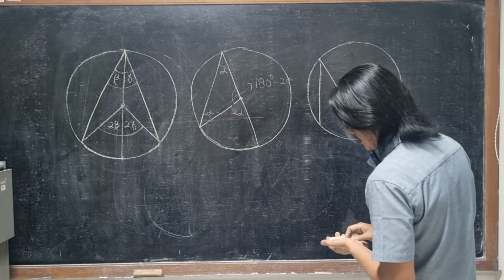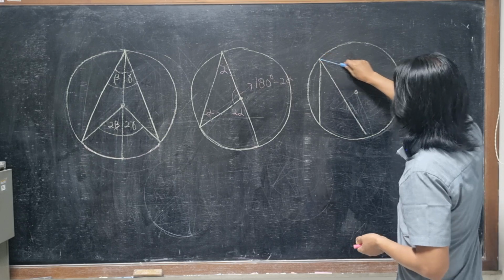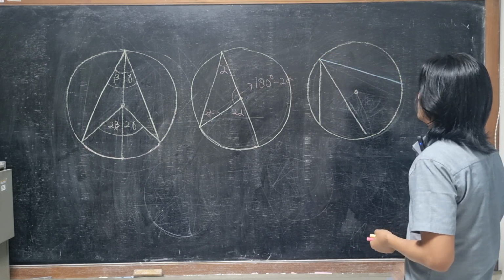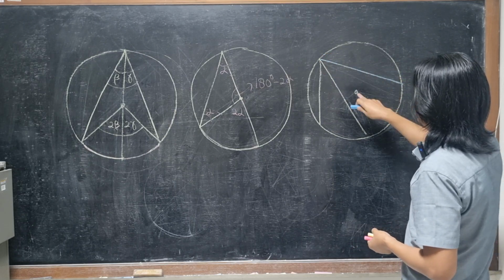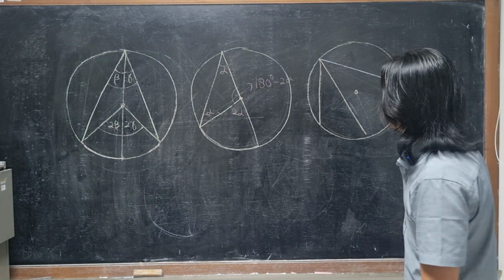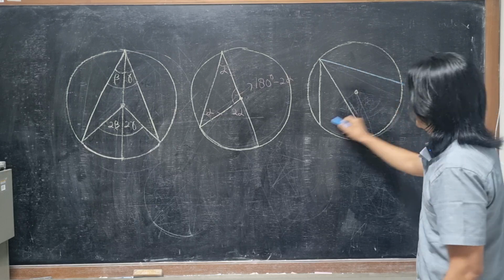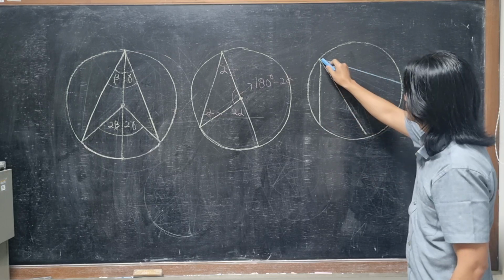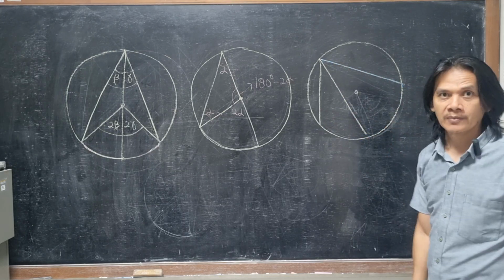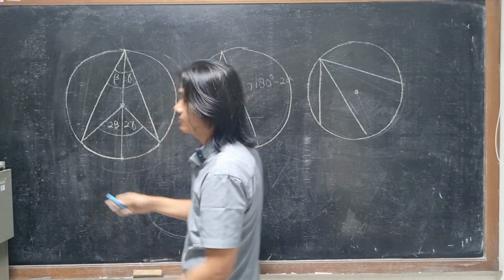So what do we do in this situation? Create another segment so that the center of the circle is inside this triangle and also inside that triangle. Then we can fall back to the second case, right?